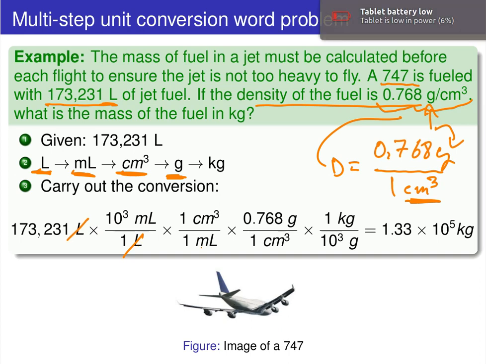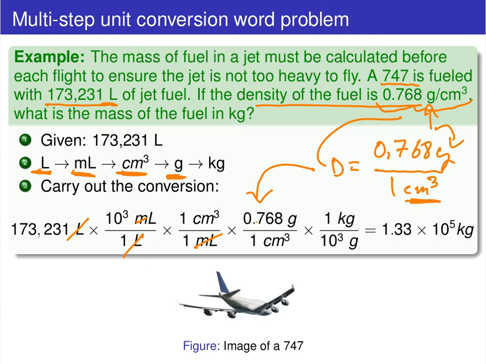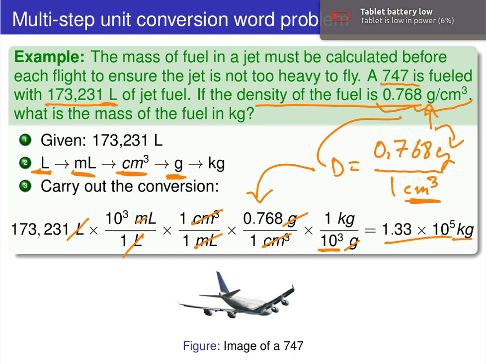Then we're going to use our 1-to-1 conversion factor to convert our milliliters to cubic centimeters. Then we're going to apply our density, multiplying by the density so that the cubic centimeters cancels out, and we will be left with units of grams. And then we'll carry out a final grams to kilograms conversion using the fact that there are 10 to the third grams in a kilogram, and we will arrive at our final answer.